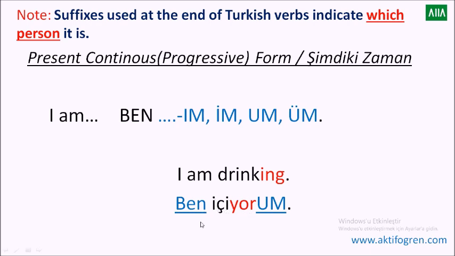So we put it in between. So ben, for example, water. Let's say water. Ben su içiyorum. Ben su içiyorum. But this word water comes after the verb in English, while in Turkish we use it before the main verb. So ben içiyorum, which is present continuous tense, as you see, guys.